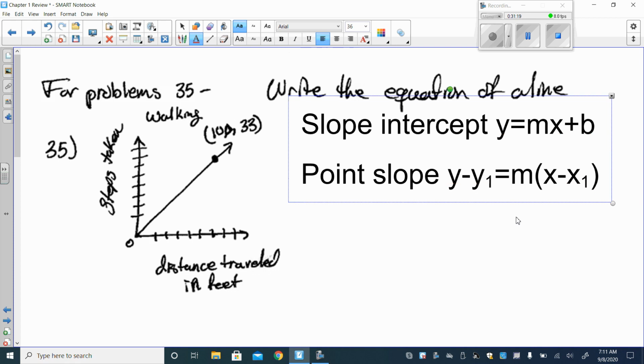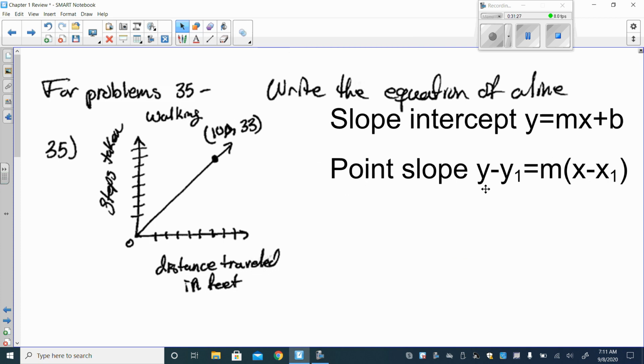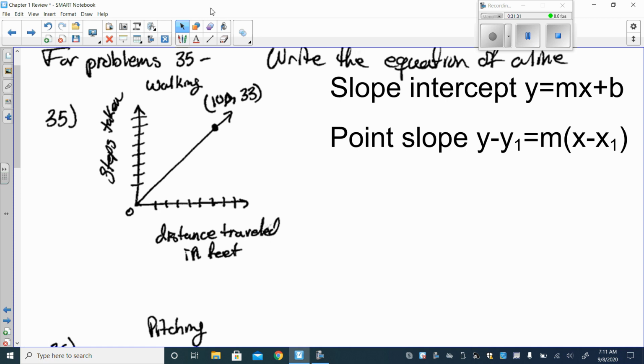And we have this here. Now again, m is still the slope, but x1, y1 is our point. Now we use the second equation if we don't know what the y-intercept is, or the value of b. So on 35 here, well, I can see that the y-intercept down here is at 0. So the value of b here is 0.